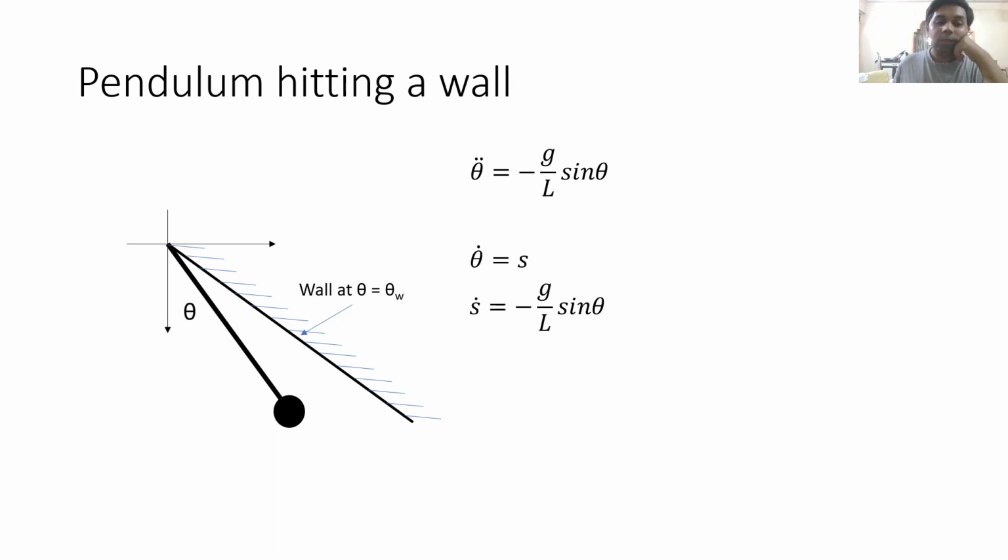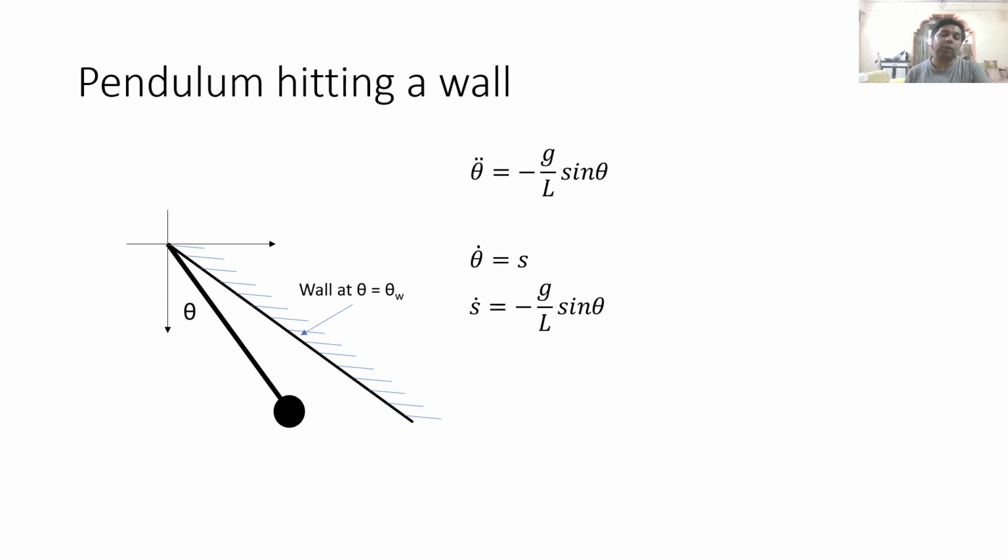Sir, one question. Sorry to interrupt. Is it a requirement of MATLAB that you use S and S dot instead of just going ahead with theta dot and theta? No, there is no such necessity. It is just to demonstrate how we split the differential equation.